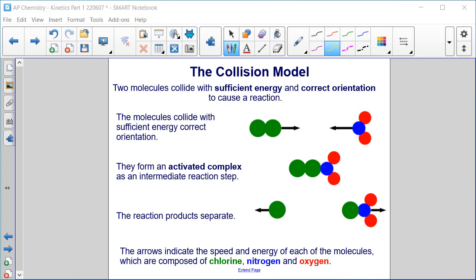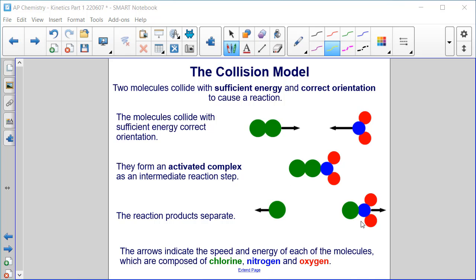In the second case, the two molecules collide with sufficient energy and correct orientation to cause a reaction. So you can see the two molecules collide with sufficient energy and correct orientation. We form an activated complex as an intermediate step, and then the reaction products separate.